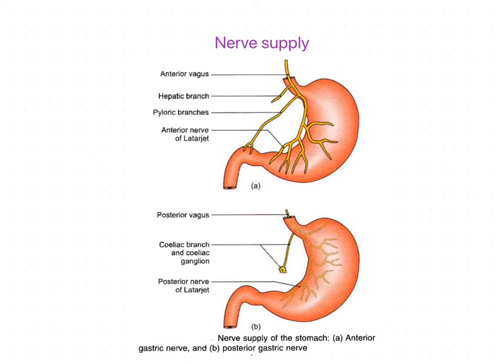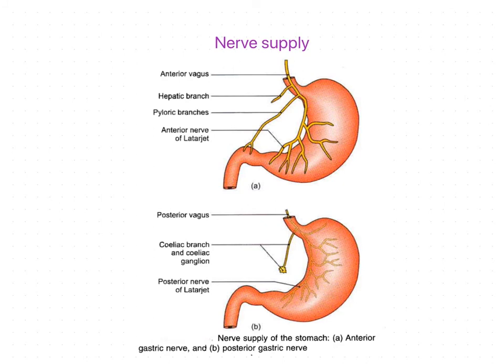If you see the parasympathetic nerves, these are mainly derived from the vagus. I have already mentioned this vagus in the abdominal part. The anterior vagus gives branches like hepatic branches, pyloric branches, and the anterior nerve of Latarjet to the stomach.